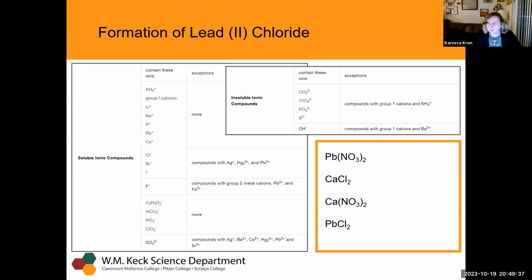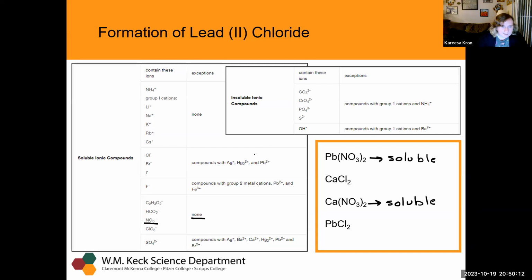So I'll return to my table and I'll look at these compounds and I'll say, okay, lead nitrate. So let's try to find lead. I don't see lead anywhere, so let's try to find nitrate. Nitrate is here. And it says that there are no exceptions to it being soluble for nitrate, which means that for both the compounds that contain nitrate, I know these have to be soluble, which means that they can be written as aqueous or dissolved.